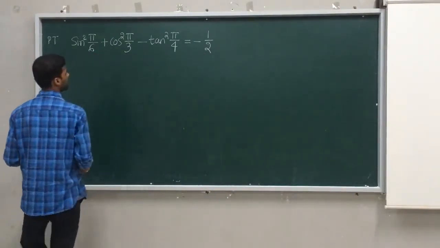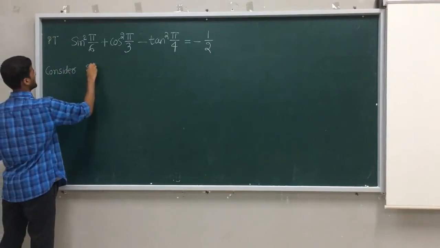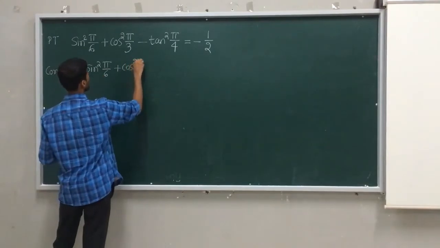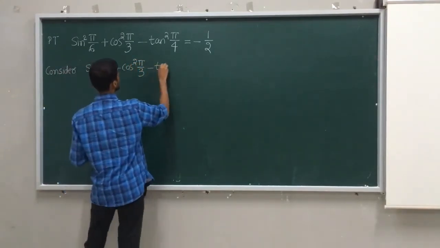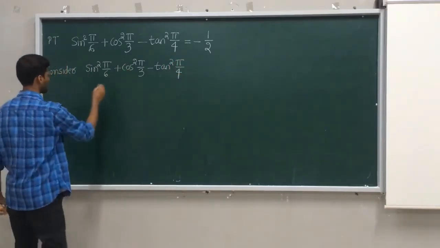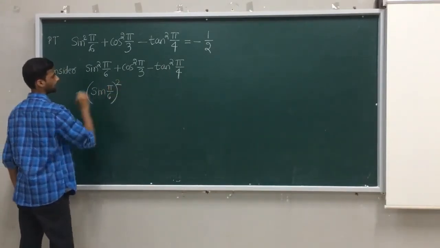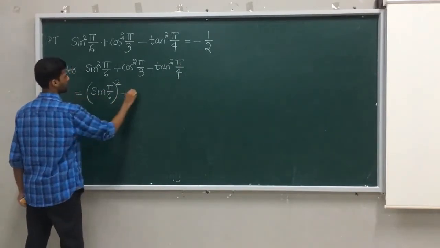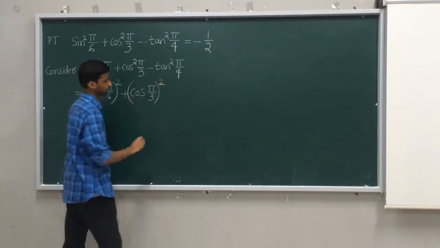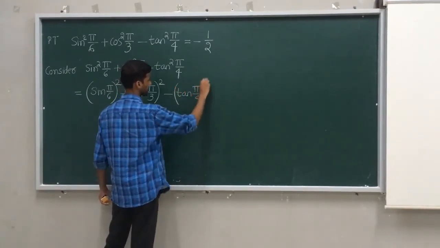See, I will consider the left hand side expression, that is sin square pi by 6 plus cos square pi by 3 minus tan square pi by 4. To make my work simple, I will write it as sin pi by 6 the whole square, next cos pi by 3 the whole square, minus tan pi by 4 the whole square.